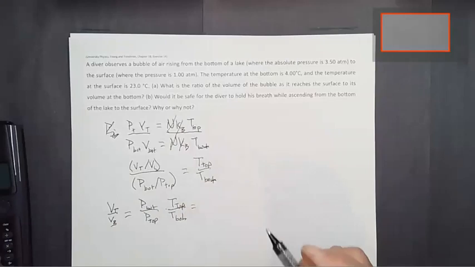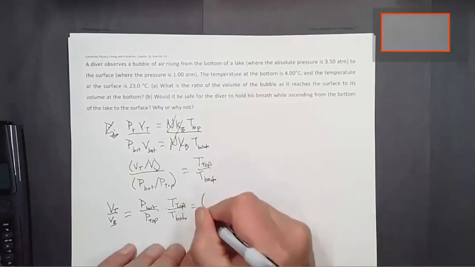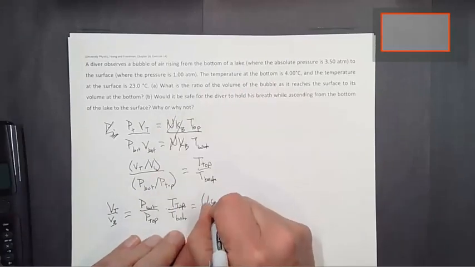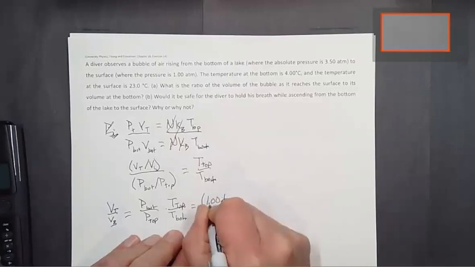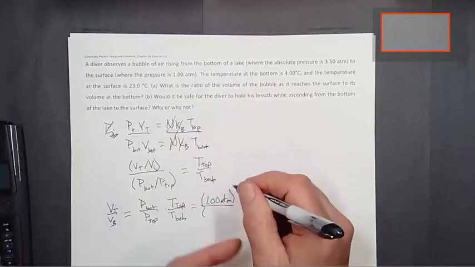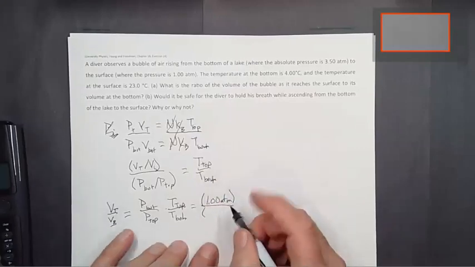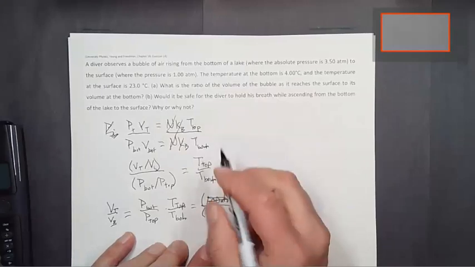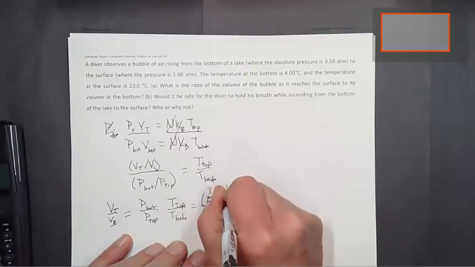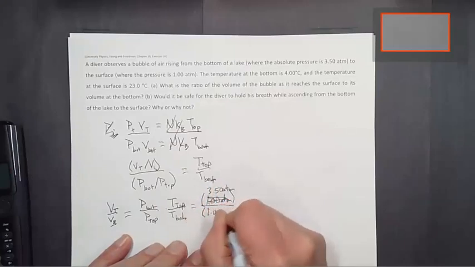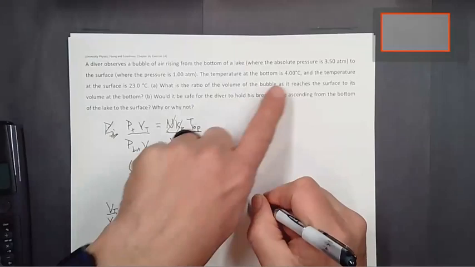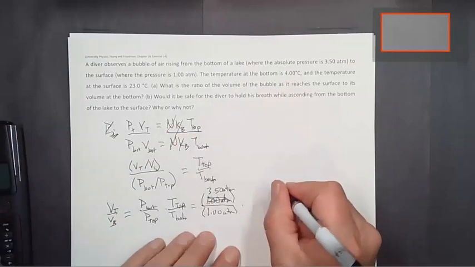So now I can just plug the numbers in here. Pressure at the top is, I think it said, 1.00 atmospheres. I don't even have to convert units on that, because as long as the pressure is measured in the same units, they're going to divide out. Whoops, got it backwards. Pressure at the bottom was 3.50 atmospheres. Pressure at the top is 1.00 atmospheres. I can do that division in my head. Temperature at the top, well, 273 plus 4.